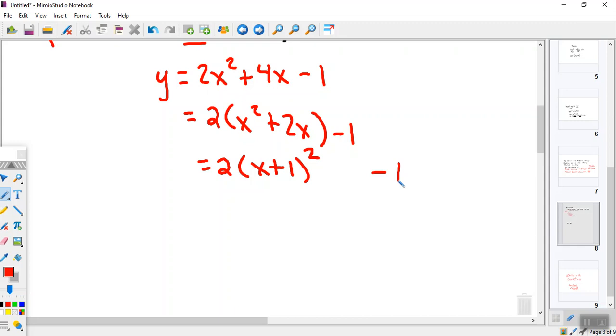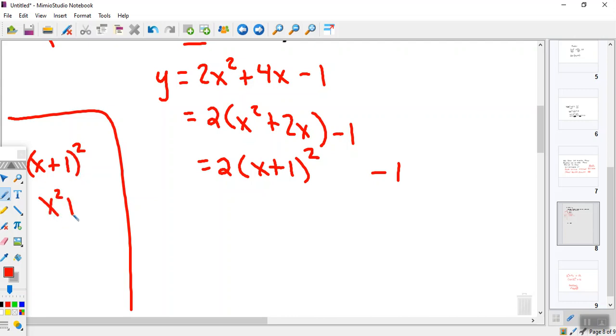This is where things get really goofy. The thing that we run into again is this. I'm going to FOIL out the x plus 1 over here on this side. Okay, you guys agree this would be x squared plus 2x plus 1 right here.